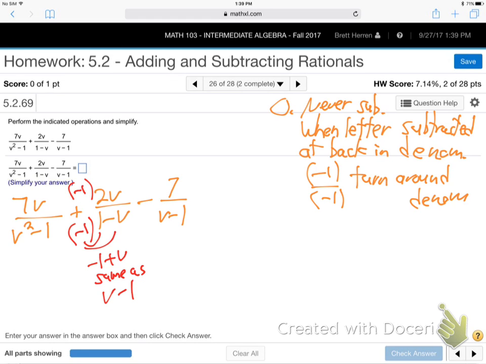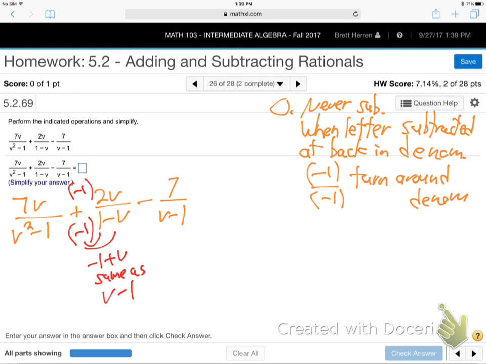So everybody see what happened there? When you multiply the bottom by minus 1, it turns it around. It makes it v minus 1. And so is that good for that part?